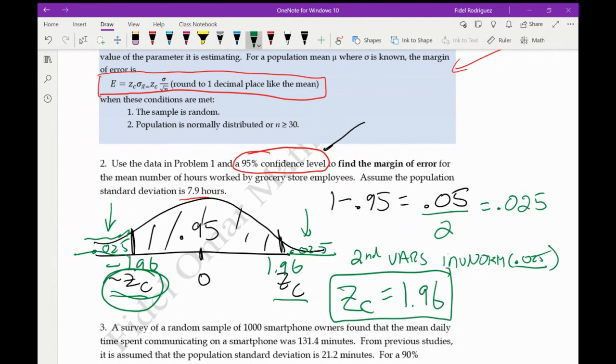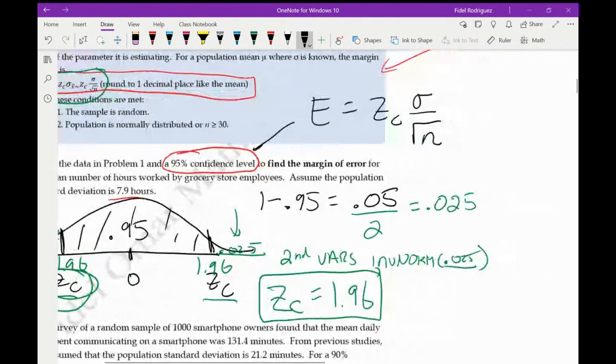Now, the reason why I need that zc value is I want you to look at the formula that I have up here, and I'm just going to rewrite it so I have a little bit more room. It says my error is equal to my zc value times my standard deviation divided by the square root of my sample size.